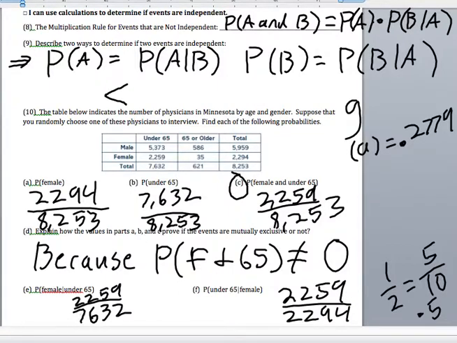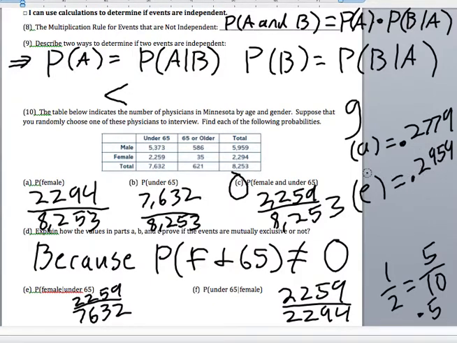Well, if we narrow it down to people that are under 65, and we do 2259 divided by 7632, answer E, if we converted it to a decimal, we get 0.2959. Or what we get is a 29 to 30% chance. Look, this is around 28%. This is around 30%. That's a slight difference.